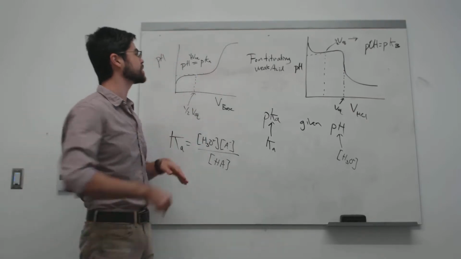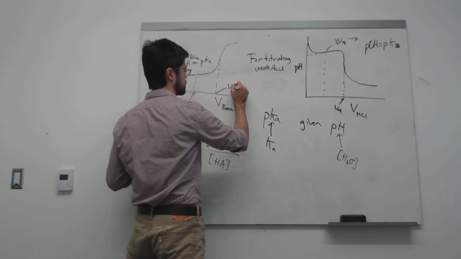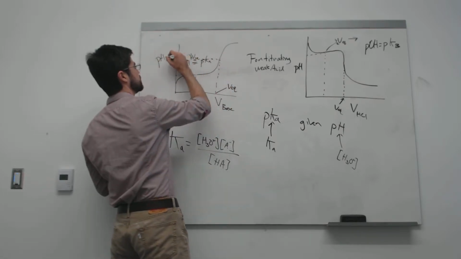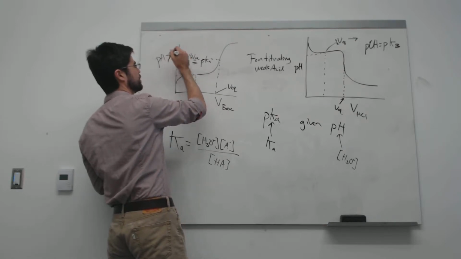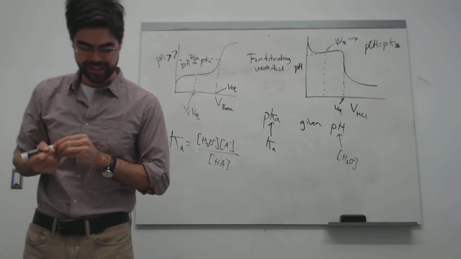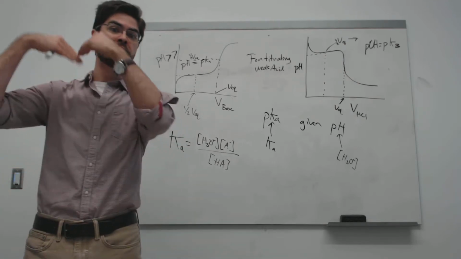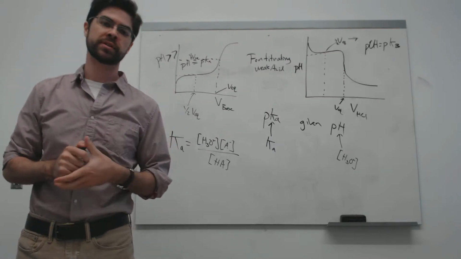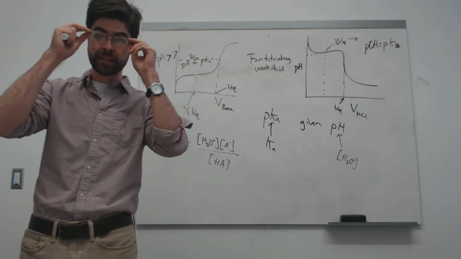I would say that at the V equivalence, it would be basic, meaning that the pH would be greater than 7. So it's not going to be very much more than 7, but it will be more than 7. So I guess if I had to describe it, I would say that it is slightly basic.